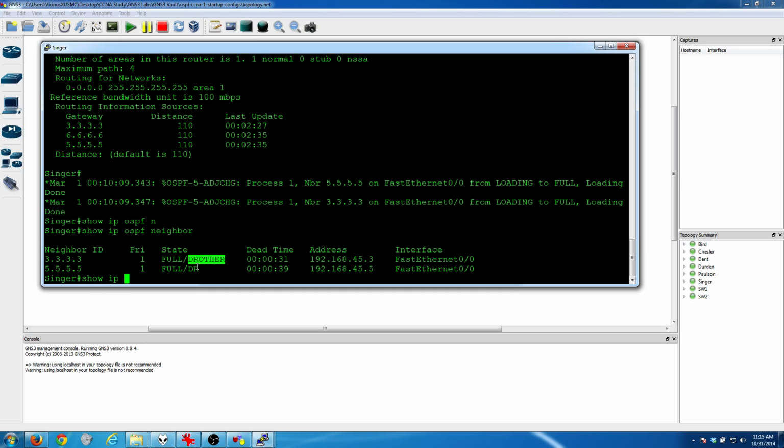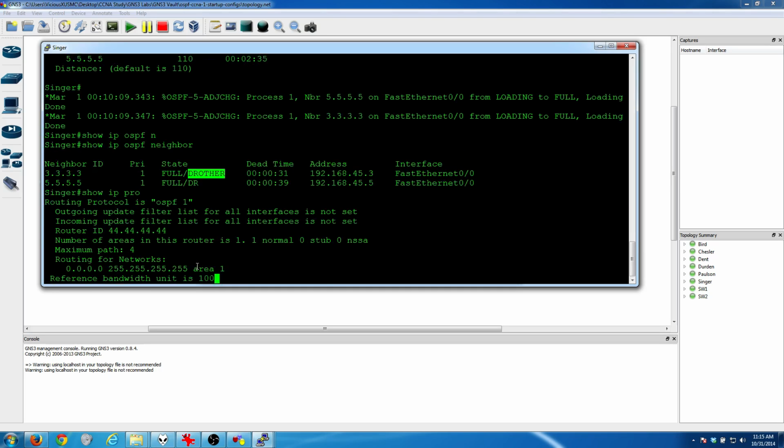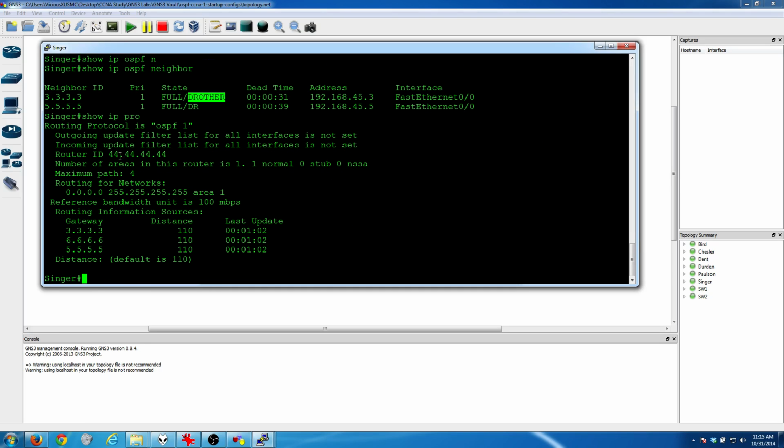So let's do a show ip protocols. Router ID 444444, this is our backup designated router, and the election for routers only takes place when these relationships are building. So it's still taking into account our original ID of 4444, which is why we're the backup designated router instead of the designated router.